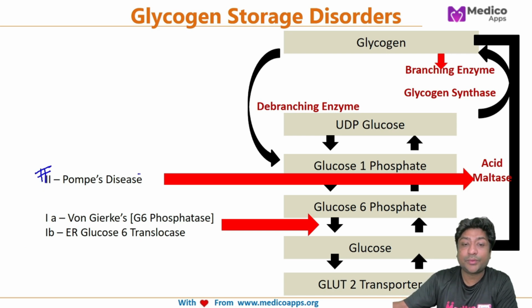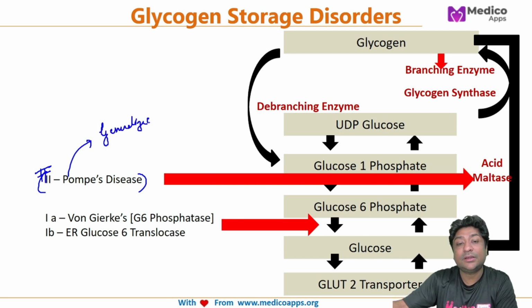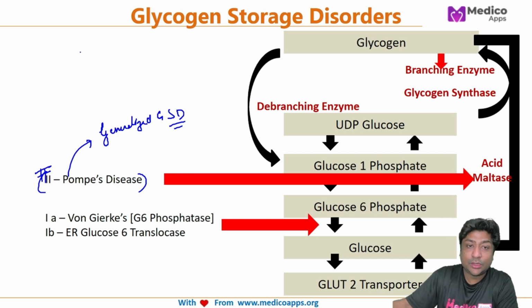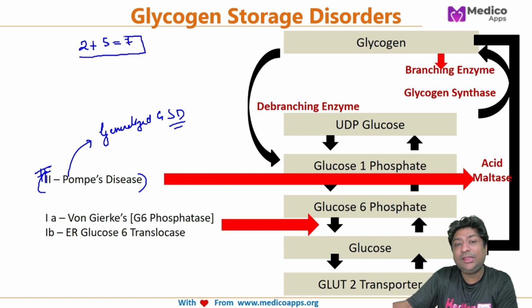So Pompe's disease is a generalized glycogen storage disorder. This is very, very interesting. I'll tell you, remember this code: 2 plus 5 is equal to 7. These are the only three glycogen storage disorders which are non-hepatic.